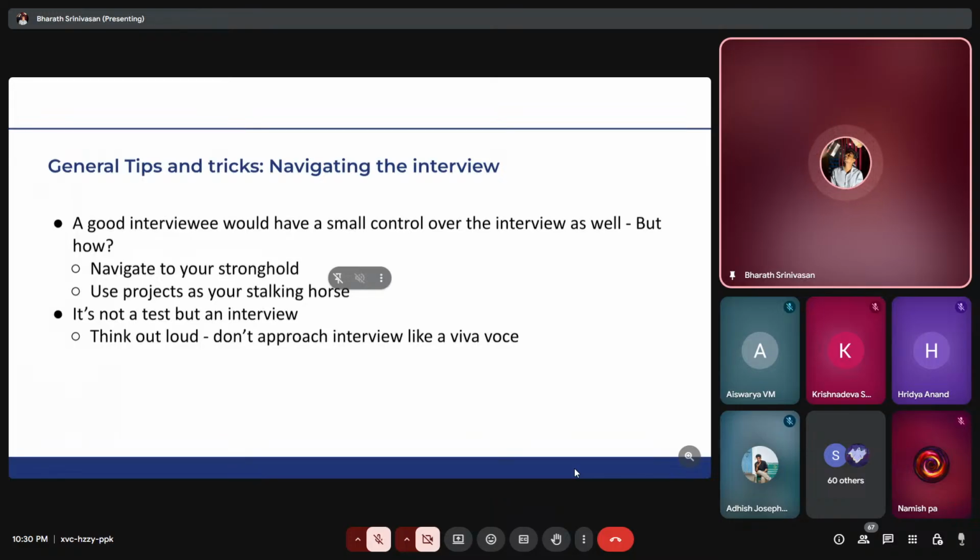But I had a lot of mock interviews from my seniors, so that helped me understand that an interview is not a test. In a test, they determine whether you pass or fail. In an interview, they just check whether you are suitable for the work they want you to do eventually.